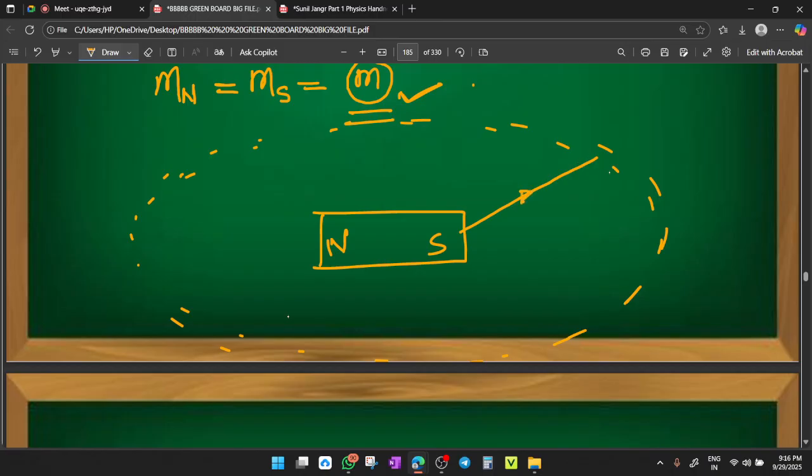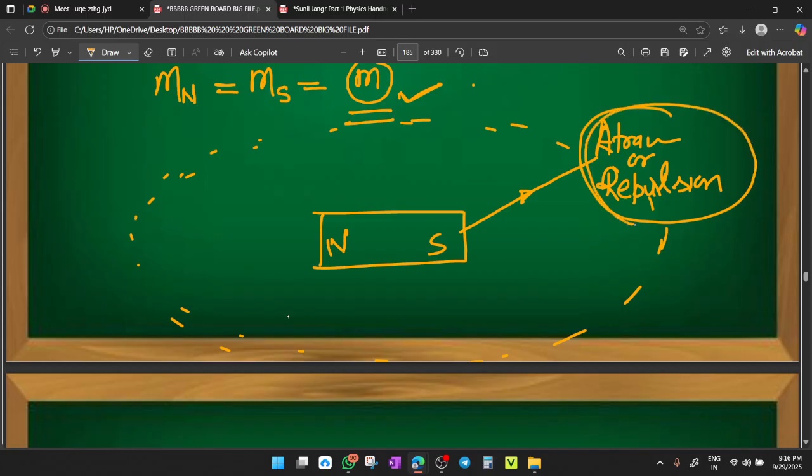In physics, the word effect means interaction. Interaction means either there may be a force of attraction or it can be repulsion. Collectively this term is called interaction.